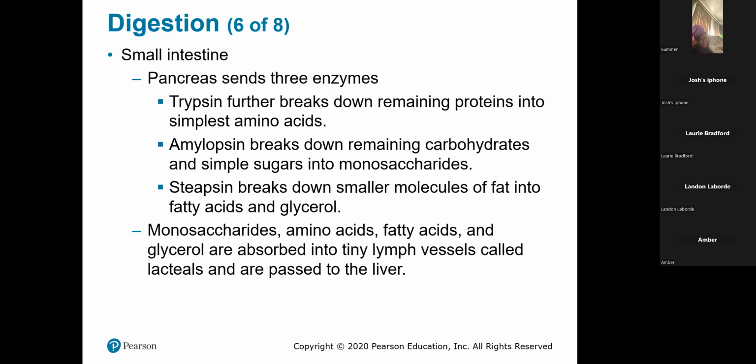So our pancreas will send three enzymes: trypsin, which further breaks down the remaining proteins into the simplest amino acids; amylopsin, which breaks down the remaining carbohydrates and simple sugars into monosaccharides; and steapsin, which breaks down smaller molecules of fat into fatty acids and glycerol. Monosaccharides, amino acids, fatty acids, and glycerol are absorbed into tiny lymph vessels called lacteals and are passed to the liver.